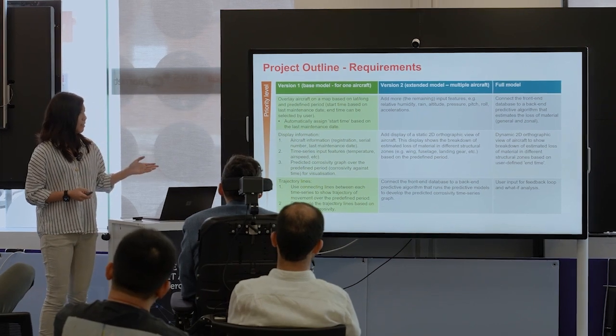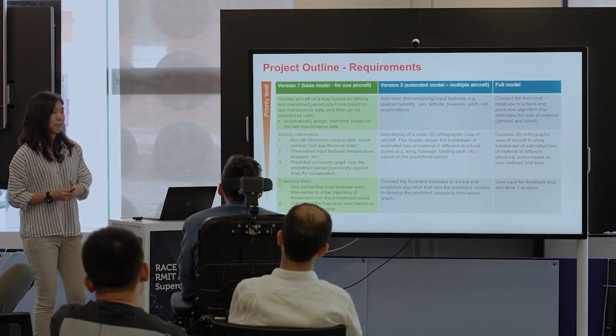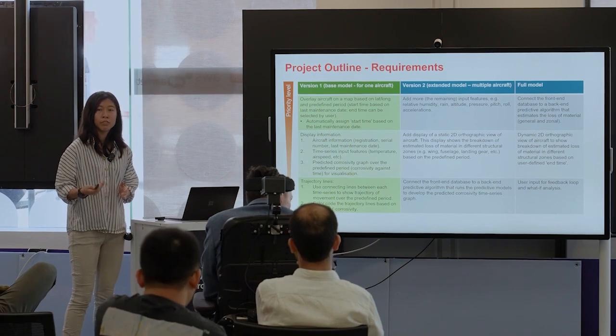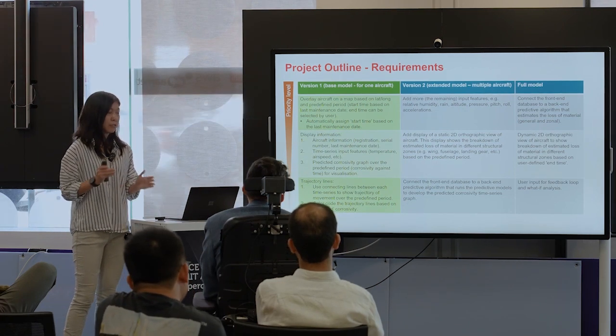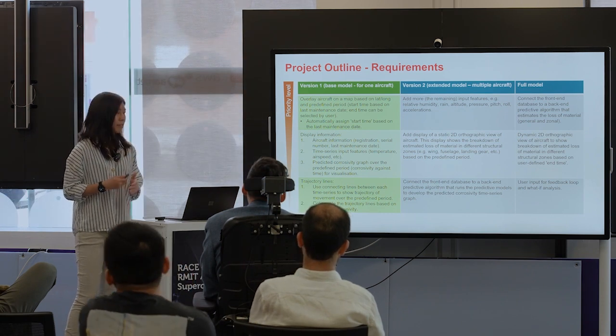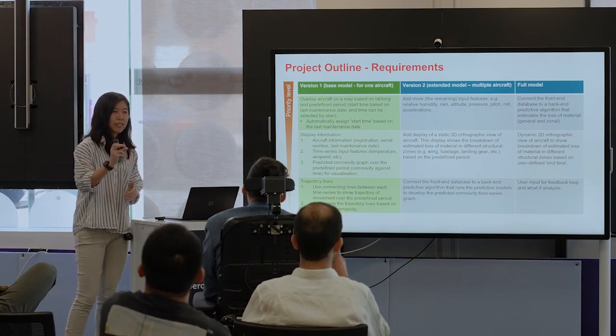And then for visualizations, we also want to have trajectory lines to show the relative aircraft movement on the map. And since we are more interested in the values or the output of the corrosion prediction model for this digital twin, I want to have a color code representation to have a quick glance and show what are the higher values of outputs of predicted corrosion, what are the lower values.